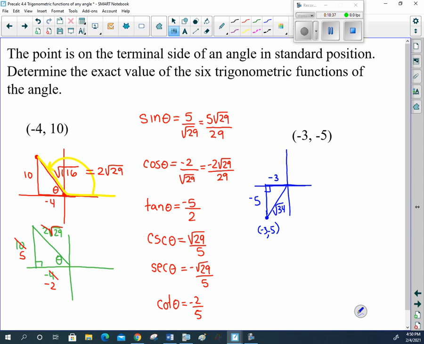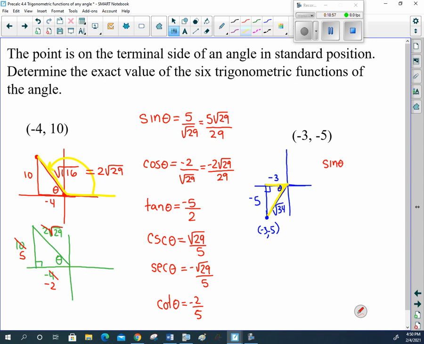Okay, so remember, reference angle is always at the origin. So this is the angle you have to use right here. That's where your theta is. Okay, so we'll go ahead and do our 6 trig functions.